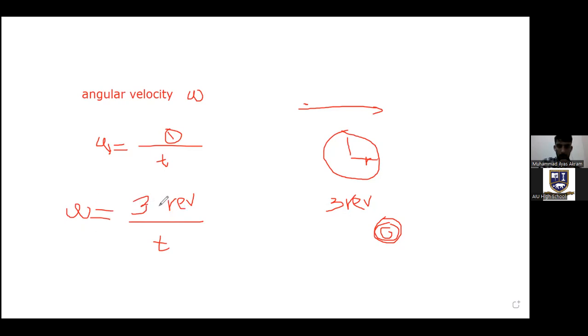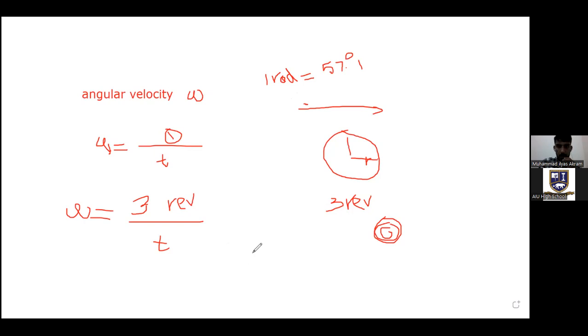For conversion of revolutions to radians, we can use this formula for simplification: 1 radian equals 57.01 degrees.